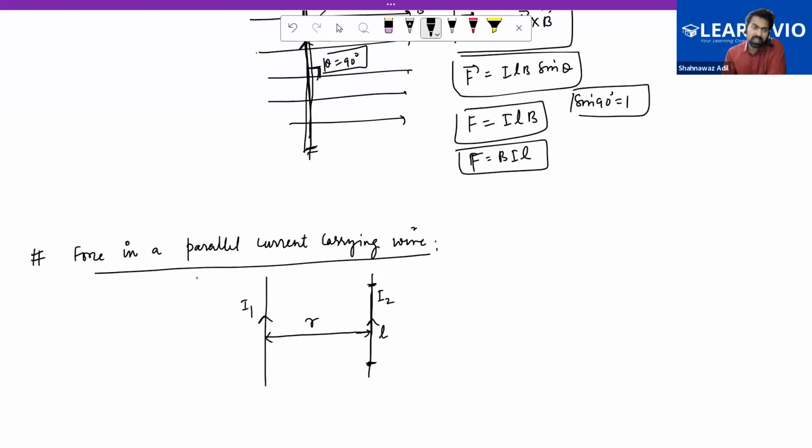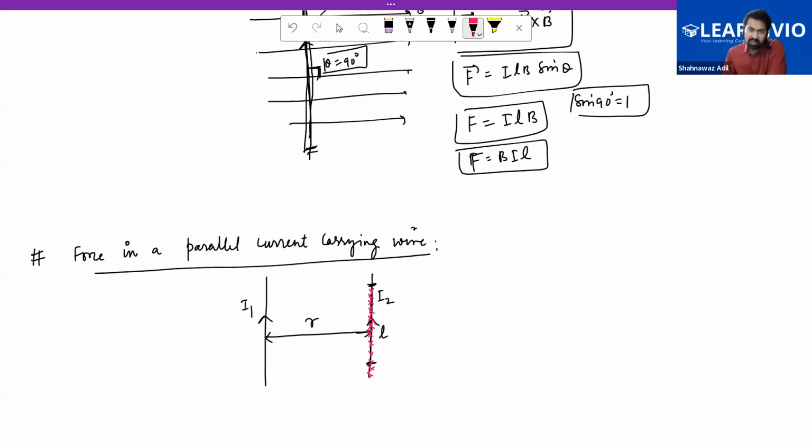So we know that due to this I1 current, there would be a magnetic field at these points, and that would be in the inside direction. We have already discussed the magnetic field for a straight line wire.